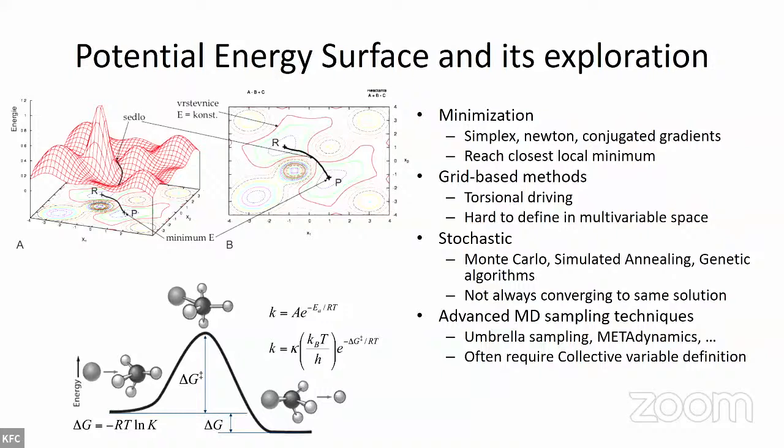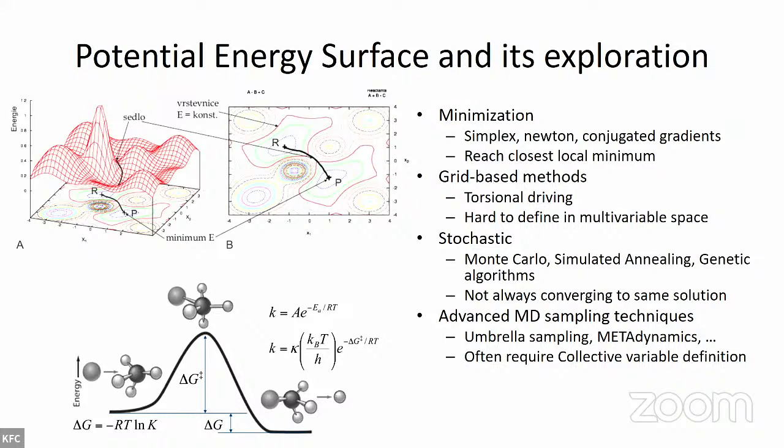So what we can do is energy minimization. The energy minimization gives me the closest local minimum. Then we can do a grid-based method. We basically can define one torsion, move along it and find some kind of barrier along that way. That's easy if we have just one torsion.